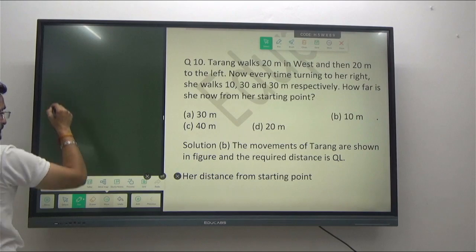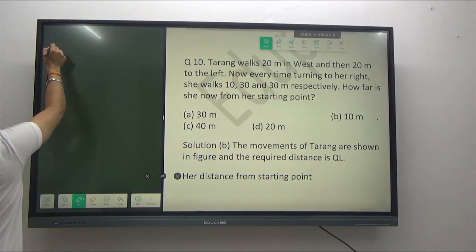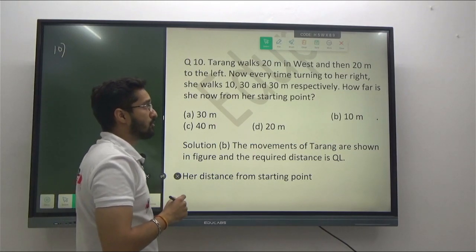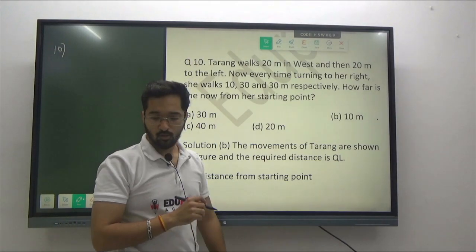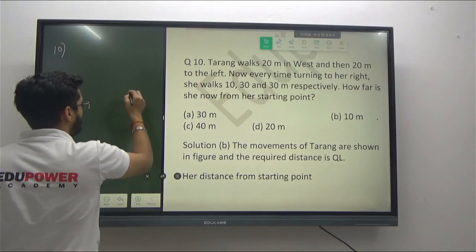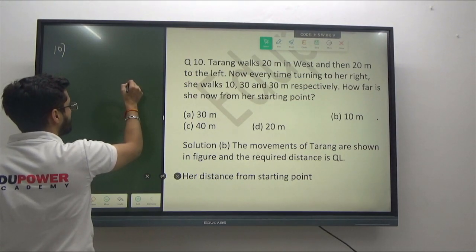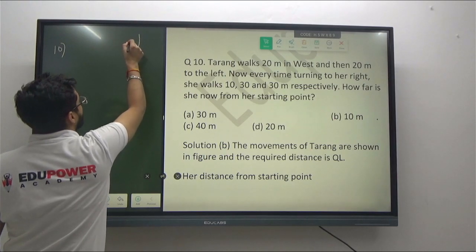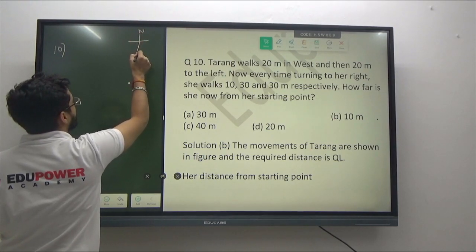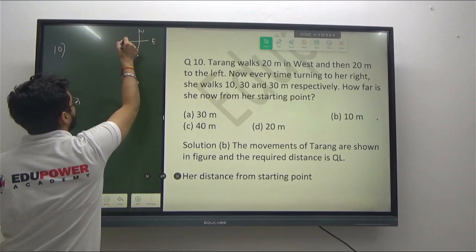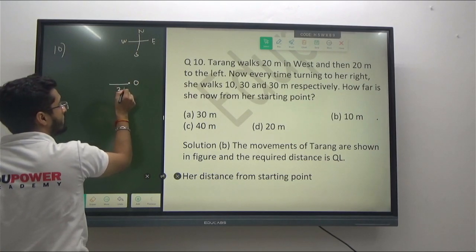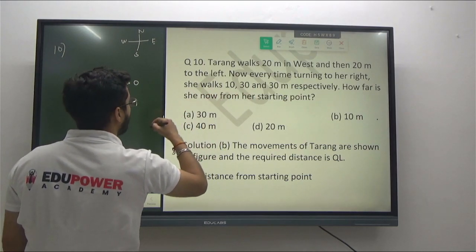Question number 10. Yeah. Tarang walks 20 meter in the west and then 20 meter to the left. So, let this be the starting point O. Now, he walks 20 meter in the west. We know the fundamental directions north, south, east and west. Now, he goes 20 meter to the west and then 20 meter to the left.